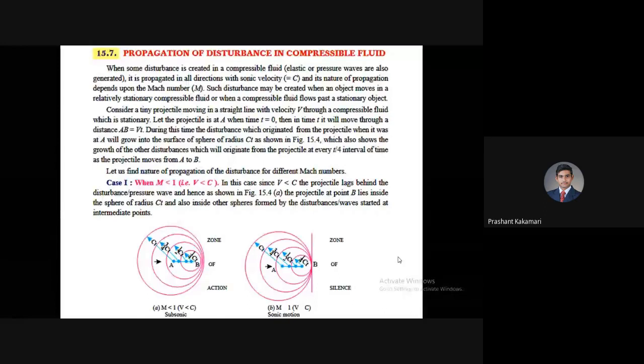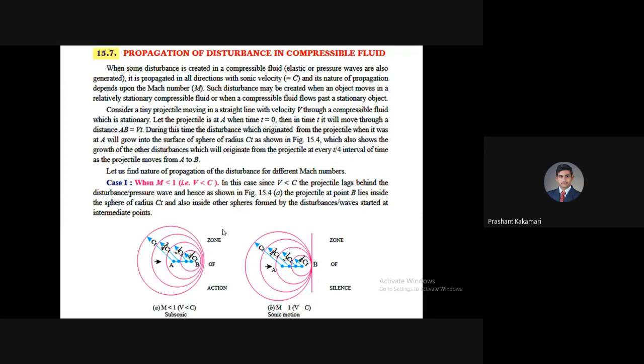We are going to assume it is moving in a straight line because A to B, whatever the distance traveled here in the sketch, we are assuming it is moving in a straight line for a given small time. But if you consider the complete projectile profile, it will be moving in different directions. Maybe in the initial stage it may be a straight line, then it will fall down to the ground.